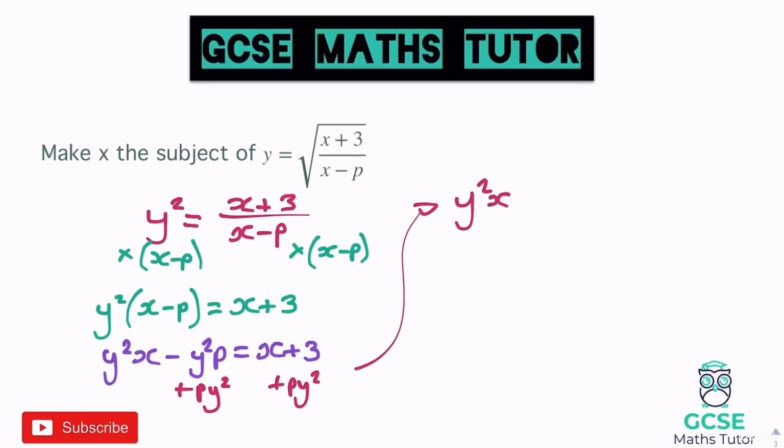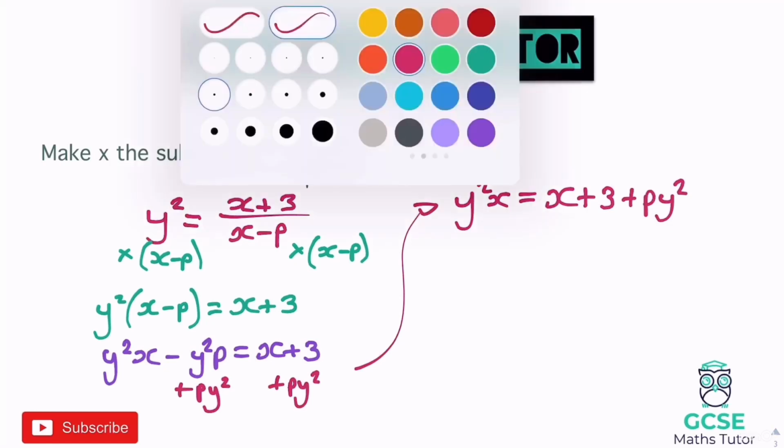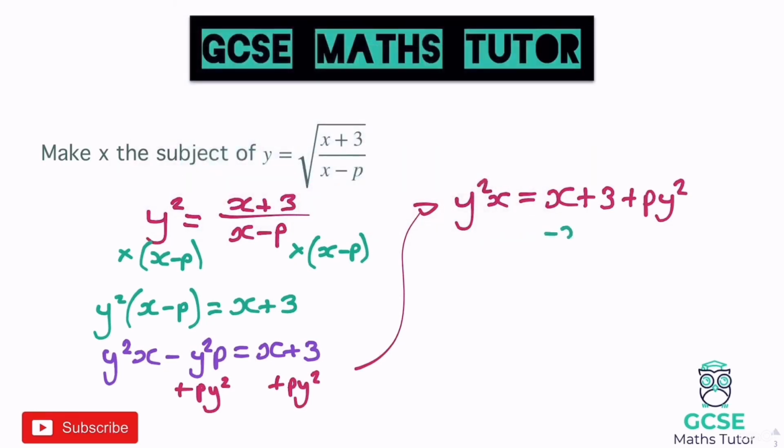Add py squared over, so we get x plus 3 plus this new py squared over here. Now we can minus the x from both sides. We can get all our x's on the left, so minus x. I'm going to write xy squared, I just prefer it. Xy squared minus x equals 3 plus py squared.